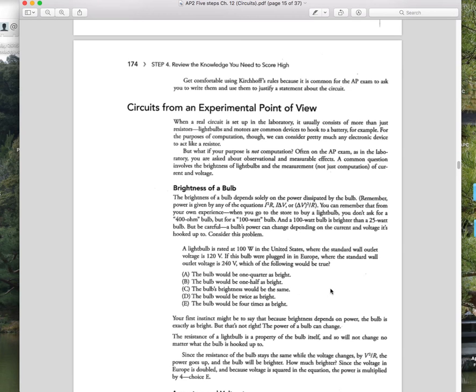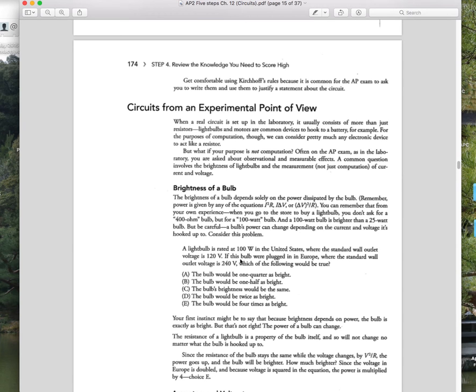But what that now means is if we put a series of bulbs in series, rather, the bulb with the most resistance is going to take the greatest voltage to overcome that resistance to have a constant current in a series circuit. So the bulb with the least resistance would actually dissipate the most power in a series circuit.